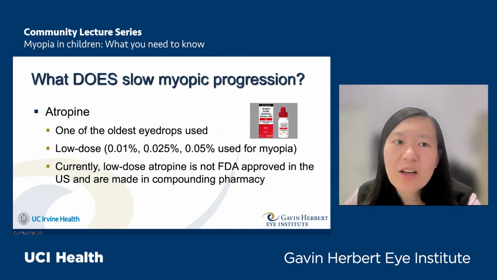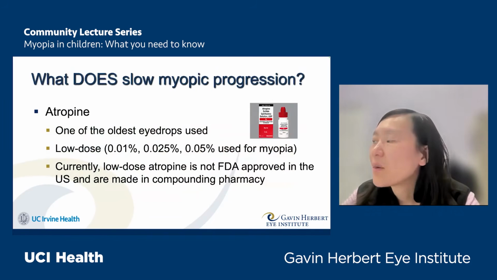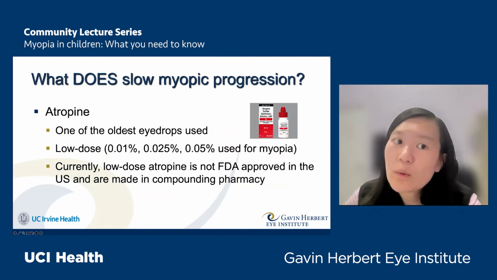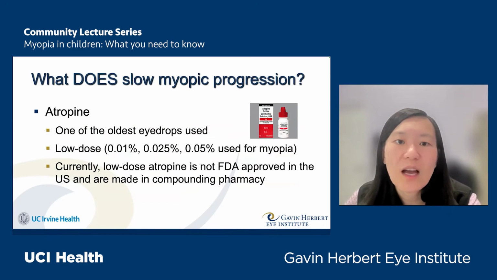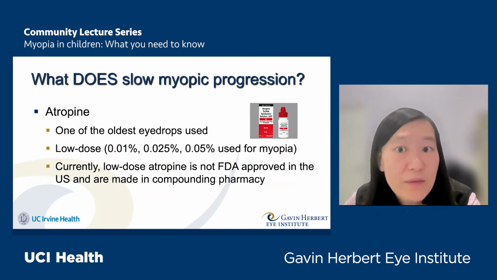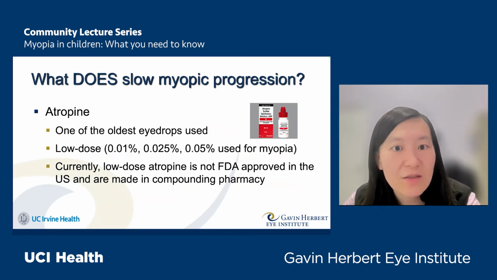So next, I will talk about the low-dose atropine. Okay, so what is atropine? Well, atropine is one of the oldest drops that we've used. We've used it in our clinics for dilation purposes. We sometimes use it for kids who have a lazy eye. We use it after patients have had surgery and need to relax their accommodation, or relax their focusing muscles.